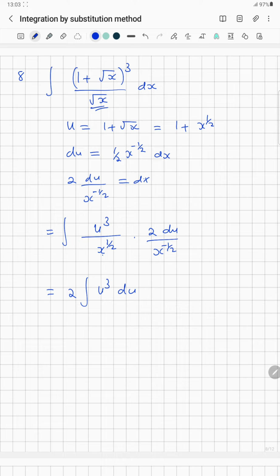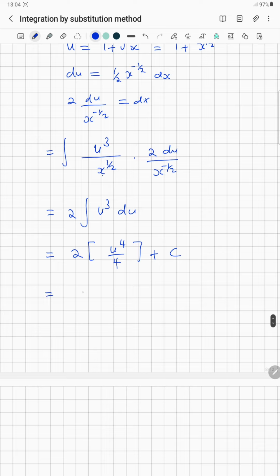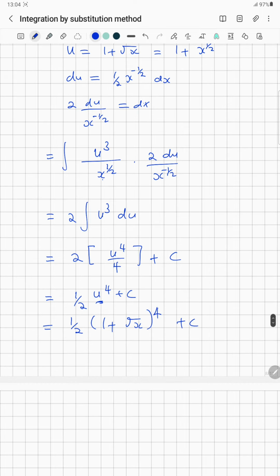Very simple, very straightforward. And this one will give you u power 4 divided by 4 plus c, and this one will give you a half u power 4 plus c, which is the same as a half into bracket 1 plus square root of x power 4 plus c. We replace u to its value there.